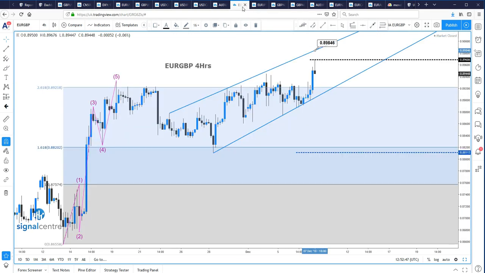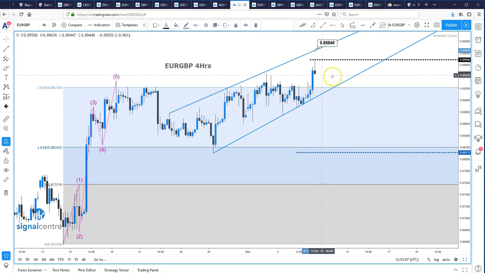Euro sterling, we tried to get short at 89.69 on Friday for the intraday call, and we made it at 89.67 high, so we didn't get triggered. We believe this is a wedge pattern.